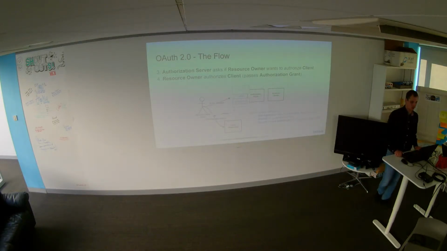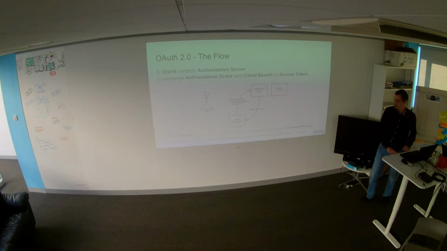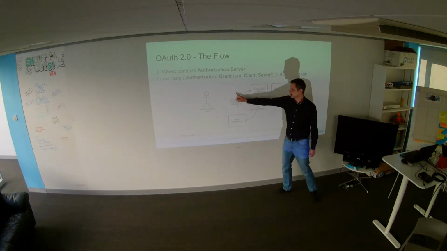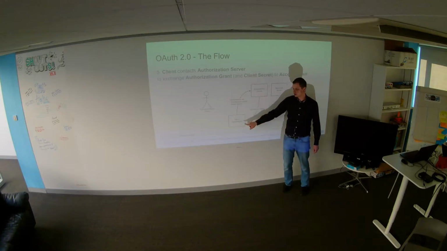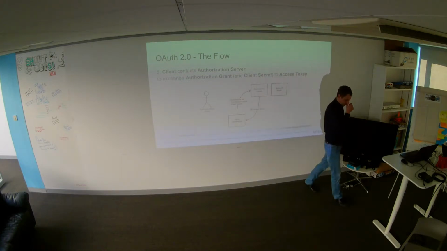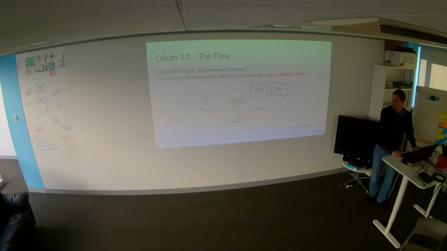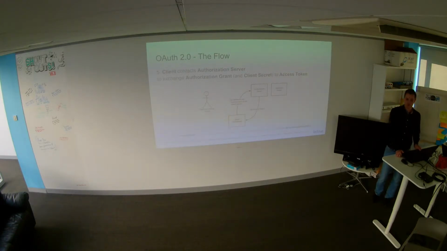It will expire after, let's say, 5 minutes, and is used only once. So once I have this code, the resource owner is no longer in play, I will ask for a token. An access token is known to the server and the client. It's not known to the user, so the user on his own cannot use it.